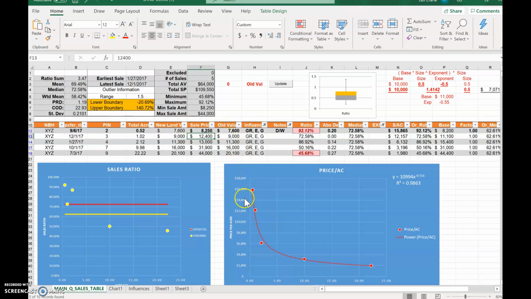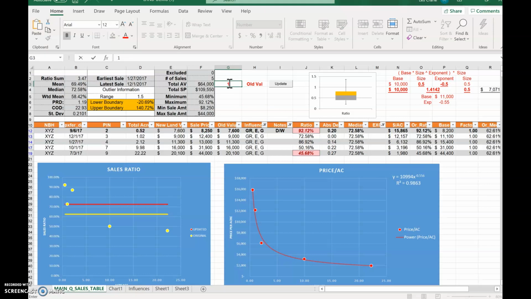So when we take those sales prices and plot them on the graph down here on a price per acre, we can tell Excel to give us an equation for that line. So that gives us a base rate of 11,000 and an exponent of negative 0.55.